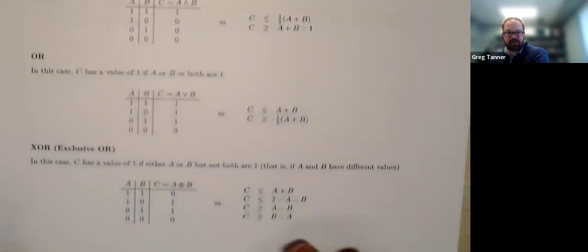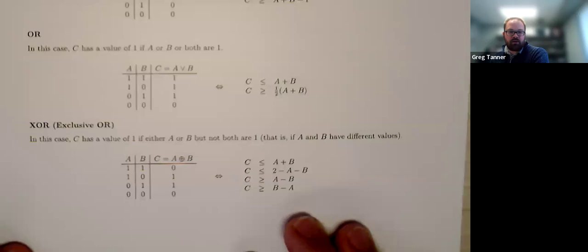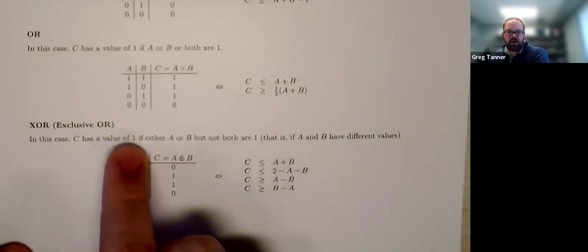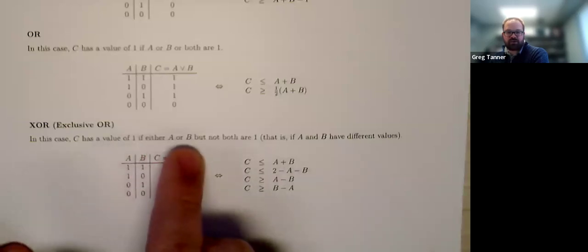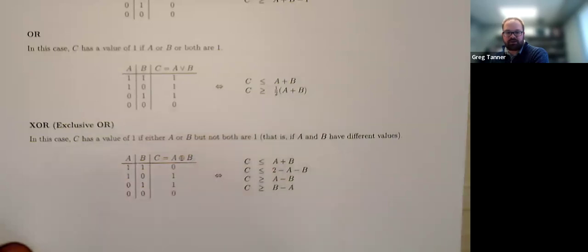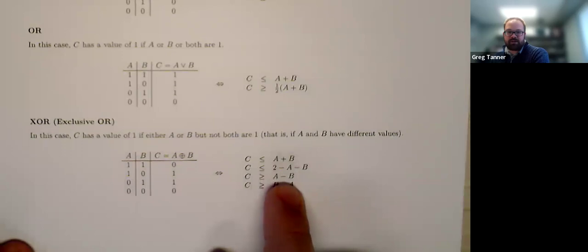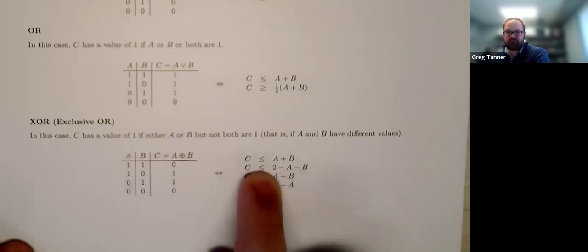And then the last one is an exclusive or, which has a value of 1 if either A or B are true, but not if both are true. Okay, and so it's only true if A and B have different values. Okay, and this takes 4 inequalities to deal with. 2 of them are sort of push down, or less than or equal to's, and 2 of them are push ups.